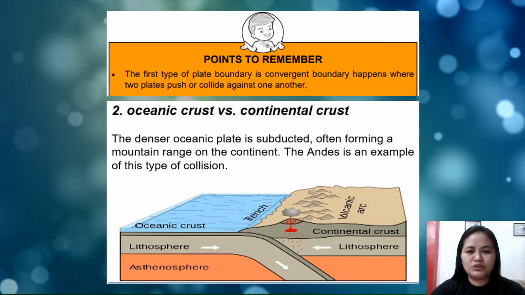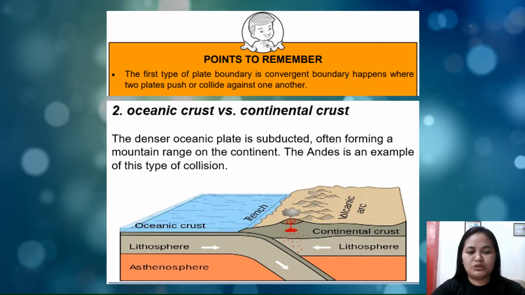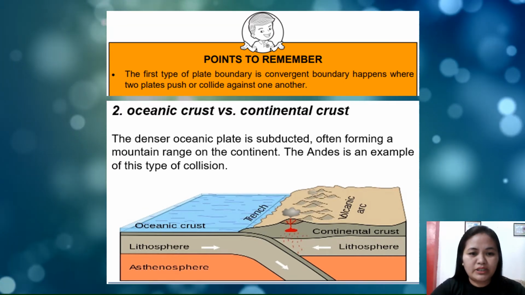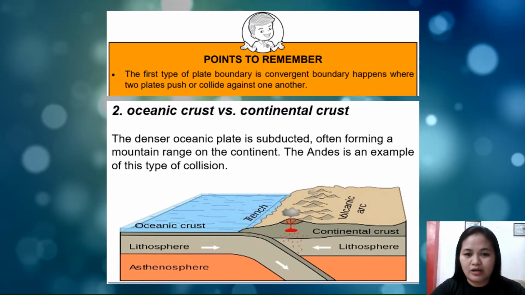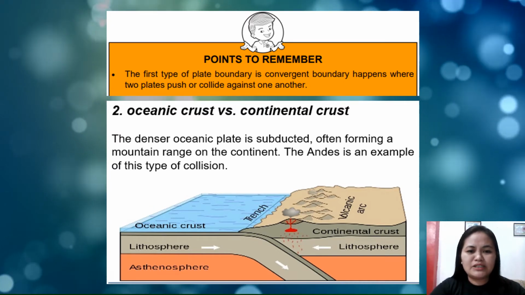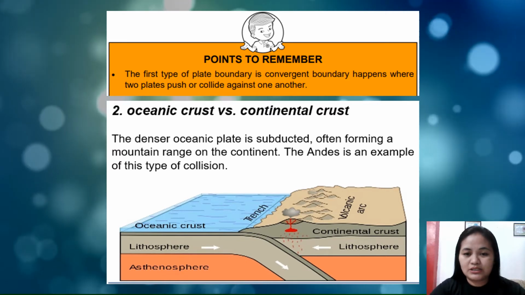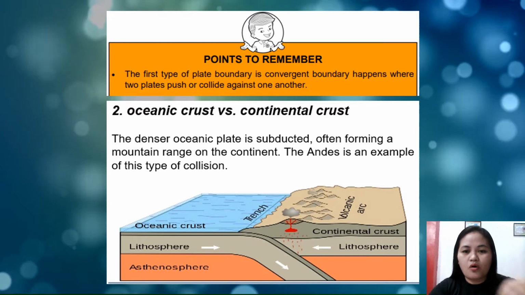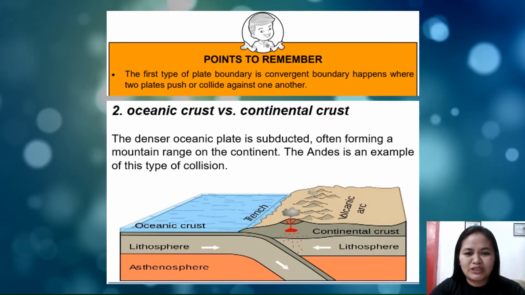Okay, let's move on. The second possible collision or convergence of crust is between oceanic crust and continental crust. Alright, what happens here? The denser oceanic plate is subducted. What is subducted? It moves downward, often forming a mountain range on the continent.